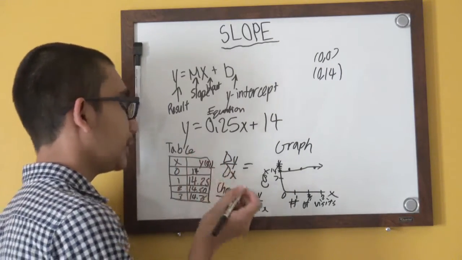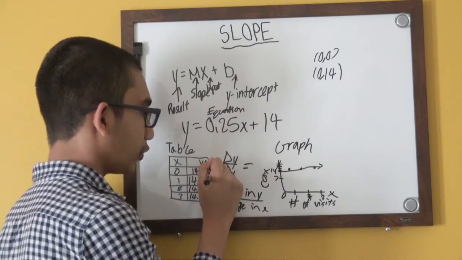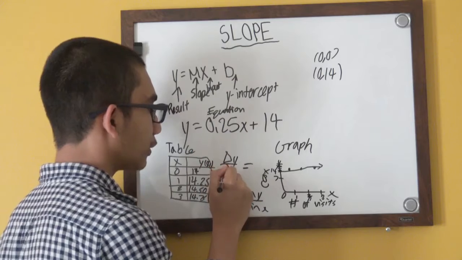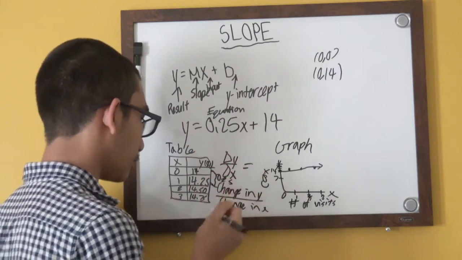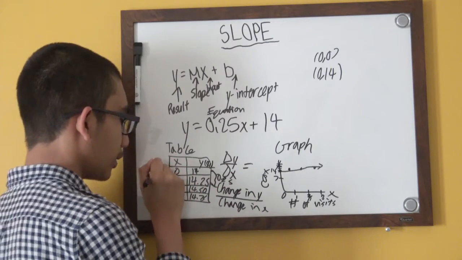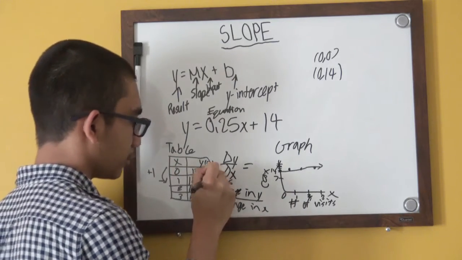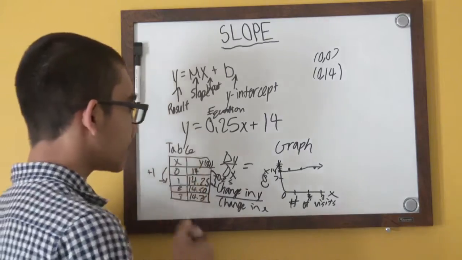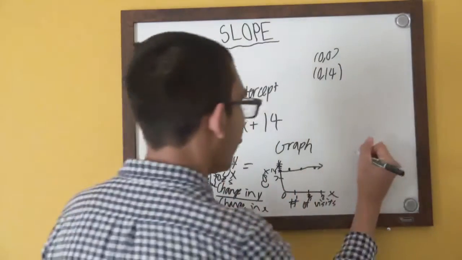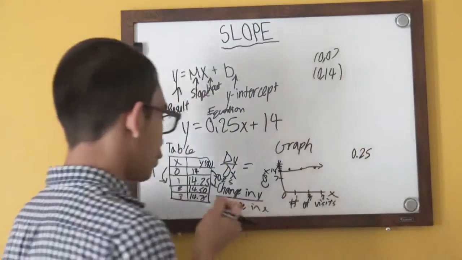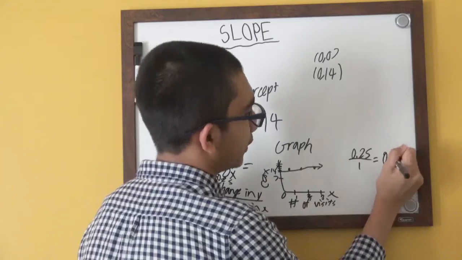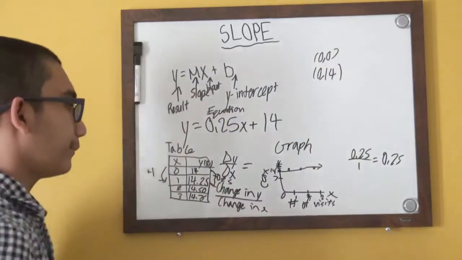How much do we need to add to get from 14 to 14.25? Well, we know that it will be 0.25, and it's always 0.25. And for the x section, 0 to 1 is always just plus 1. So if it's always the same, then we put the change in y, which is 0.25, and the change in x, which is 1, and then the slope is 0.25, which is right there.